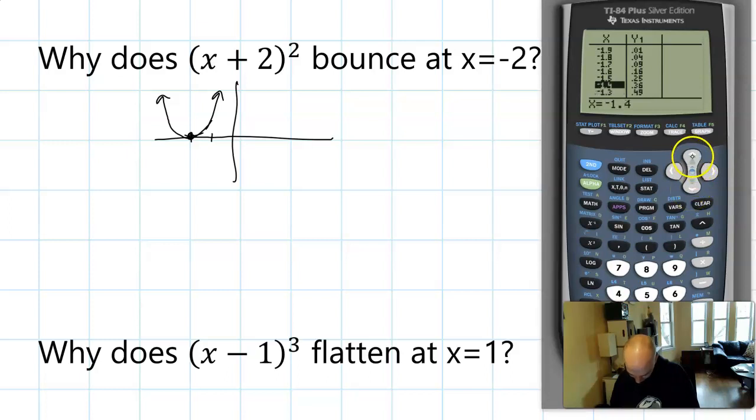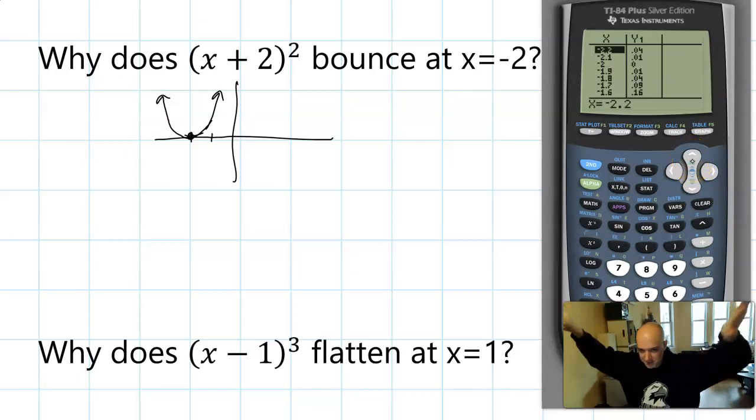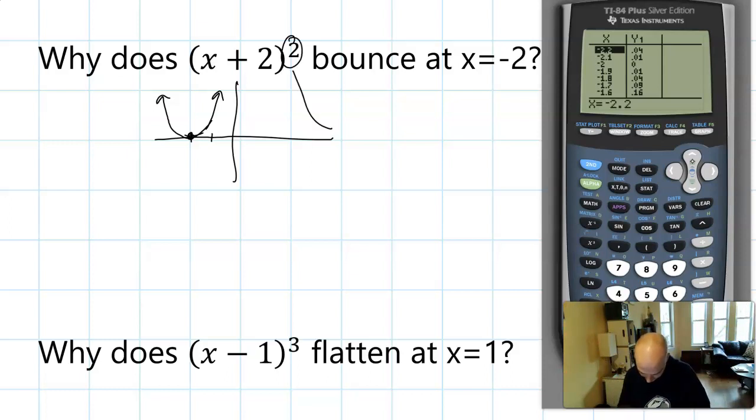I got 0.49, 0.36, 0.25. I'm squaring numbers that are smaller than 1, so I'm approaching 0, getting smaller and smaller. But because I'm squaring those numbers, when I hit 0, I don't change sign. I stay positive. So it curves in towards 0, but then it doesn't change sign because it's a squared.